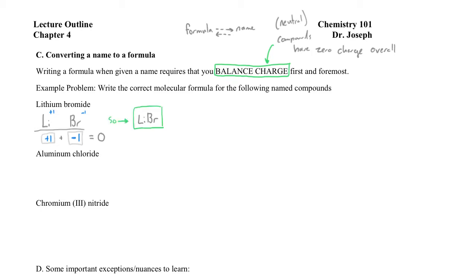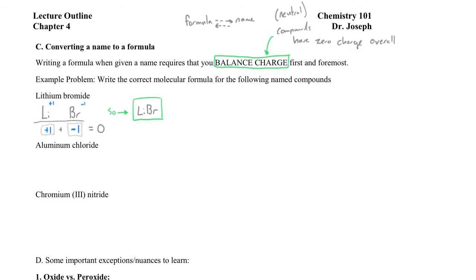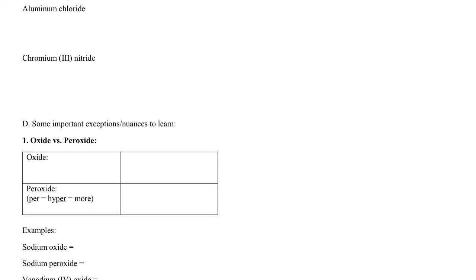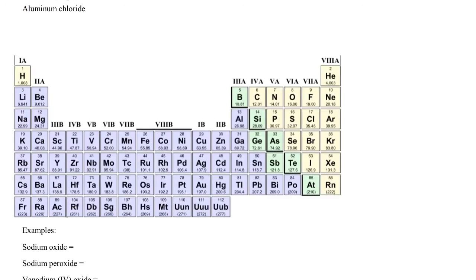Now, it's not always just a 1-to-1 ratio, of course. Sometimes we need more anions, or sometimes we need more cations to balance the charge out. Let's take a look at this in the next example. Here I have a compound called aluminum chloride. Now, aluminum is one of the metals that we learned has a fixed charge, and we learned it has a +3 charge. Chloride is a nonmetal in the halogens group, and it has a -1 charge.